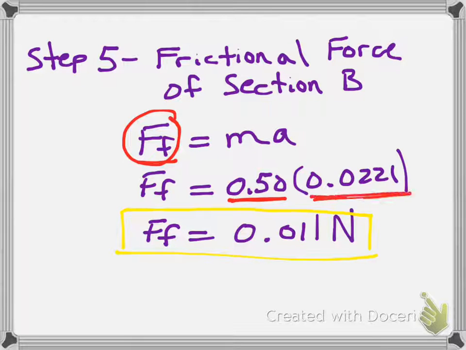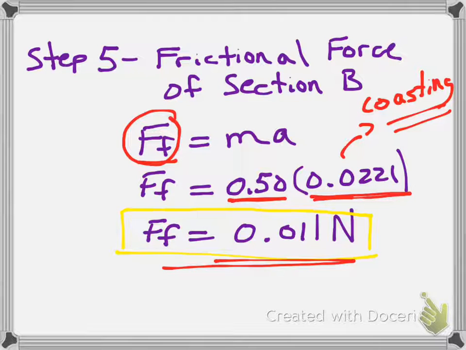This is the acceleration rate, the coasting rate, or coming to a rest rate, for section B. So the frictional force acting on that is 0.011. Now that frictional force is caused by frictional coefficients, the air resistance, and the resistance found within the wheels themselves. So when we talk about frictional force in the force unit, it's the sum of all the forces.